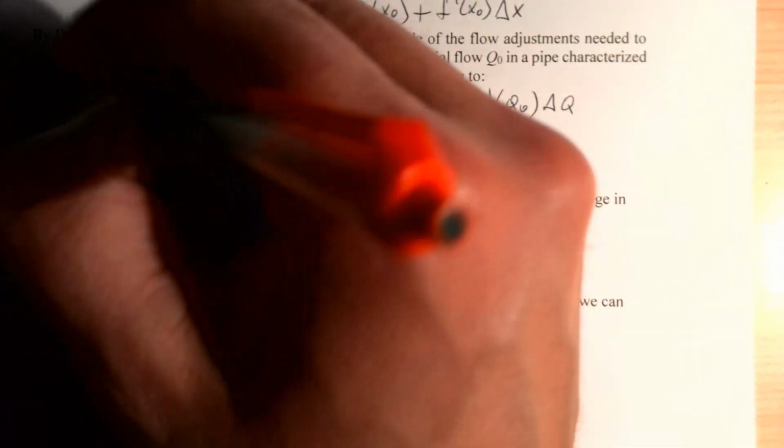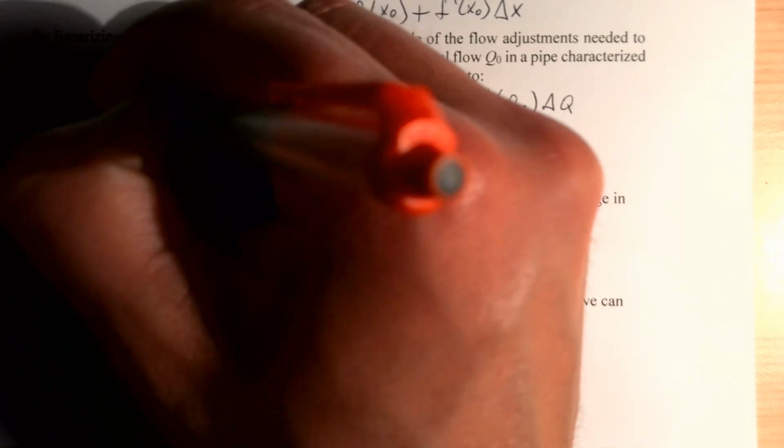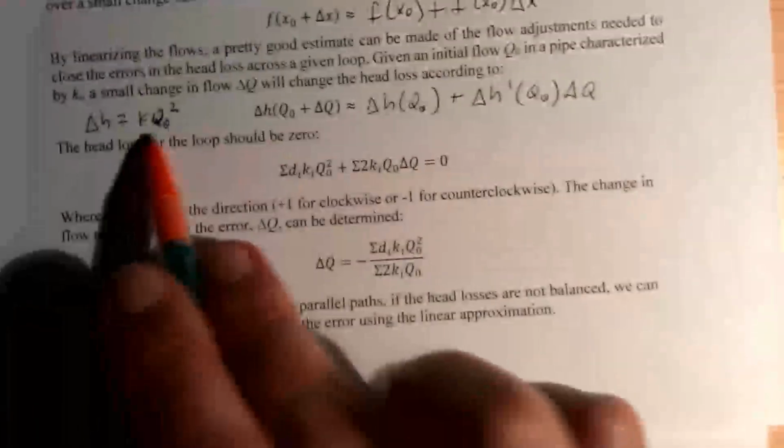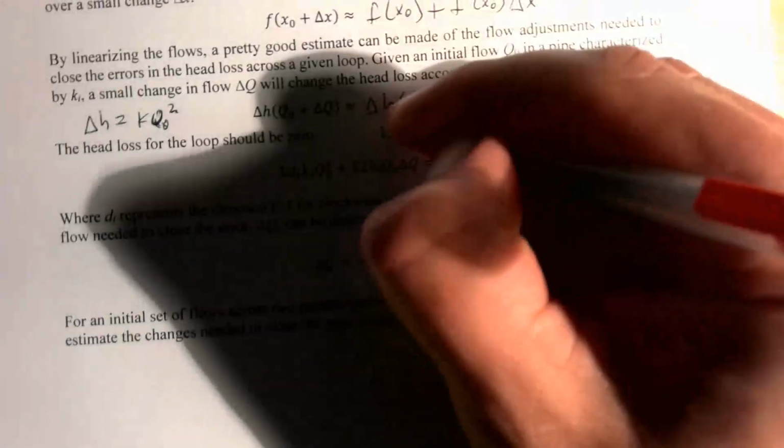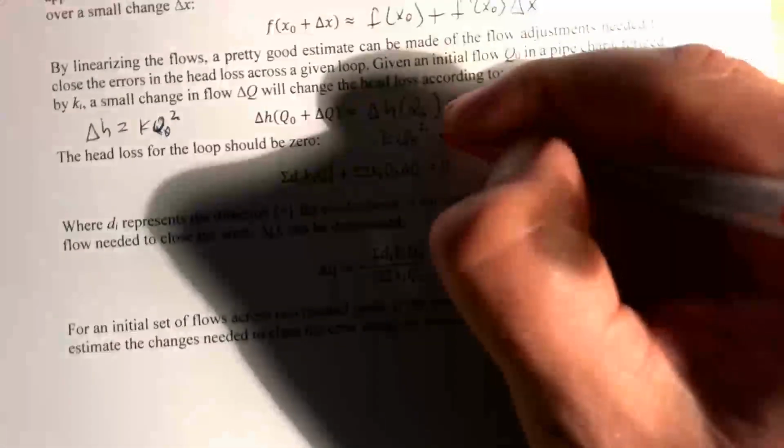So remember delta H at Q0, just to show you where this equation comes from here, delta H is K times Q squared, and so delta H at Q0 is just K times Q0 squared.